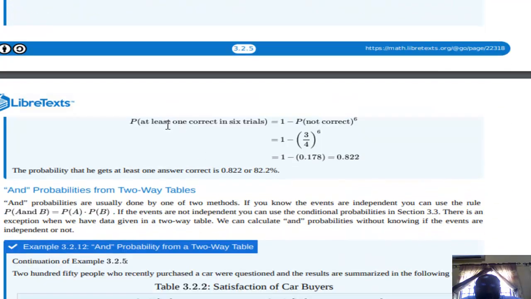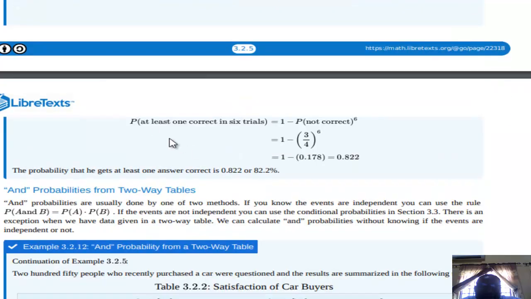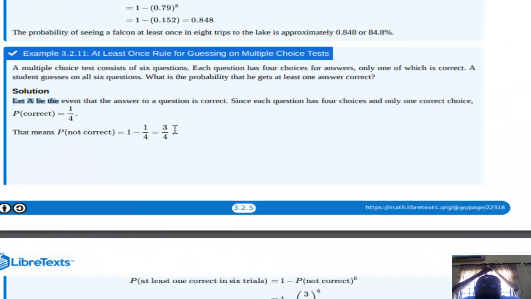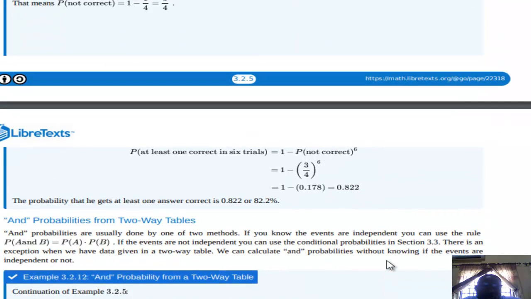Now in 6 trials, from this formula, the probability that at least one is correct is 1 minus the probability that it is not correct raised to the power 6. So you multiply it, and then you get 0.822.